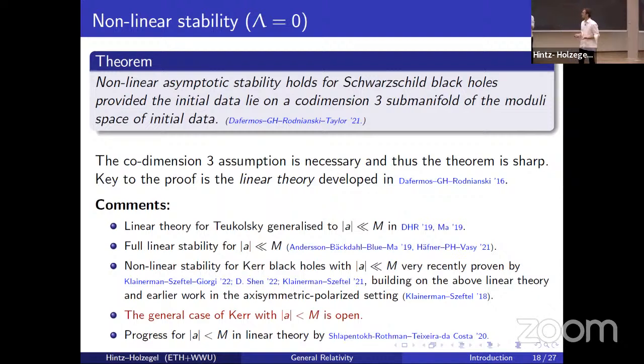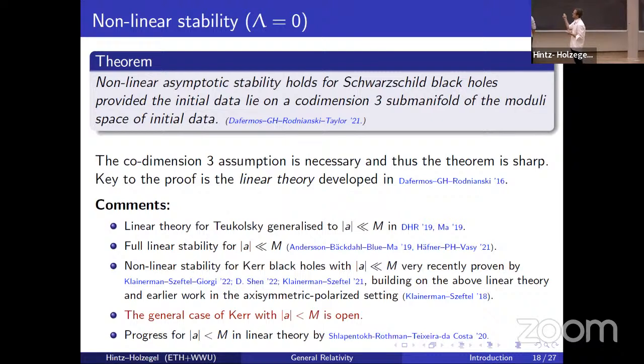Now, key to the proof is the linear theory, which was developed in an earlier paper with Dafermos and Rodniansky. In particular, as we see on the next slide, the driving force is really having decay for these Teukolsky equations, and these decay estimates for the Teukolsky equations have been generalized also to the slowly rotating Kerr case.